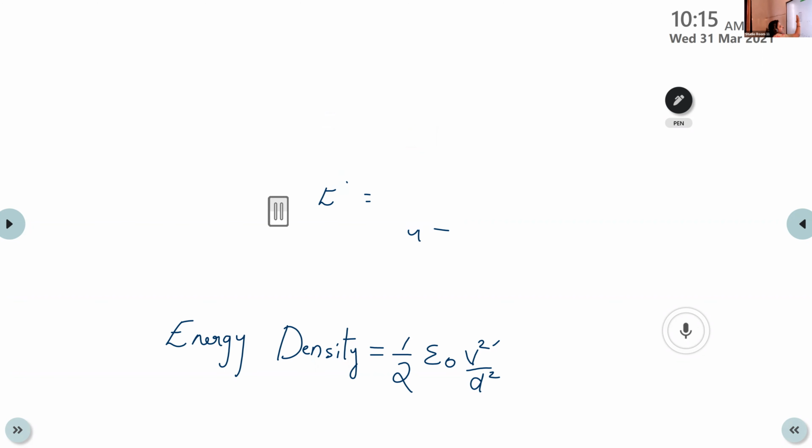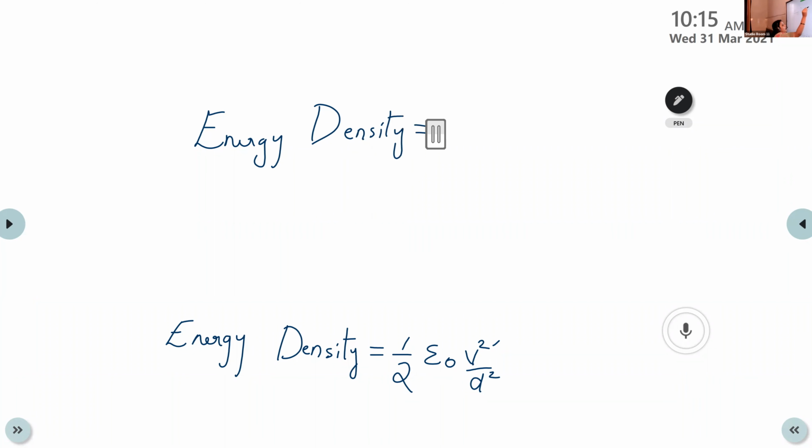So the equation for energy density becomes energy density equal to half epsilon 0. Instead of this V square by D square, we have E square, because E is equal to V by D and V square by D square is equal to E square.